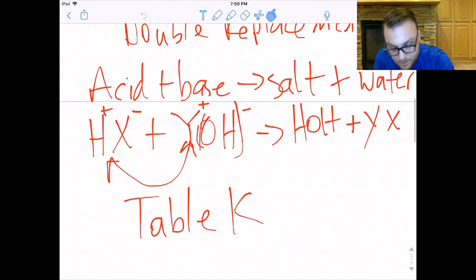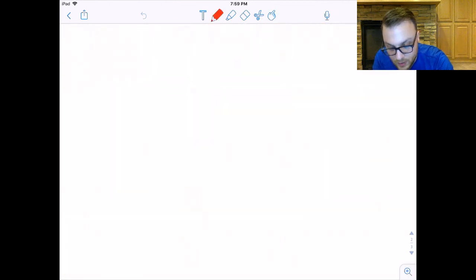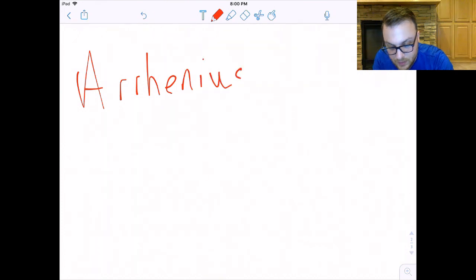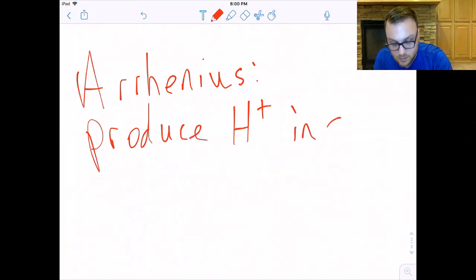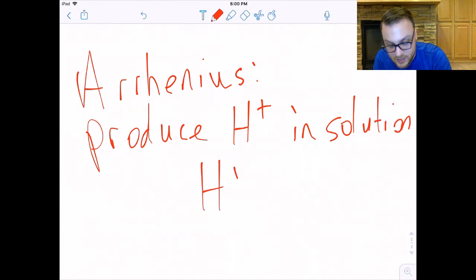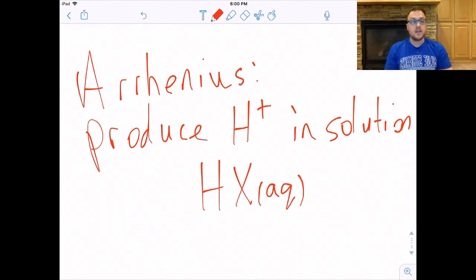Arrhenius. The Arrhenius definition of an acid. He defined acids as producing H+ in solution. So he gave it that general formula, an acid is HX, where X is any negative ion, and that's how he defined them.